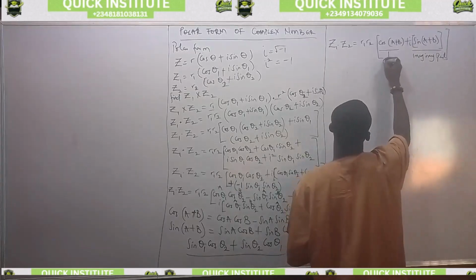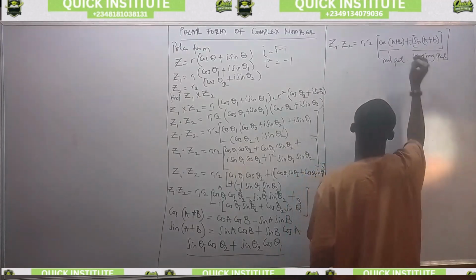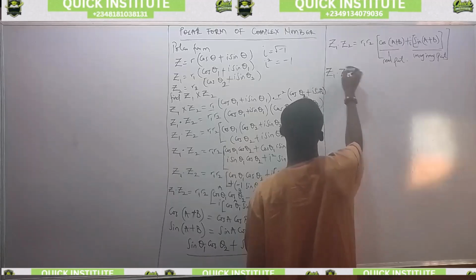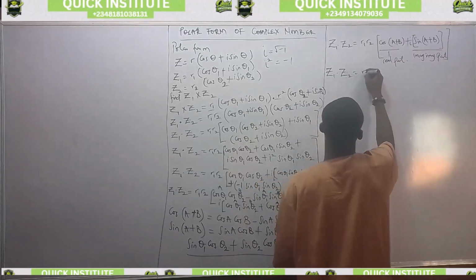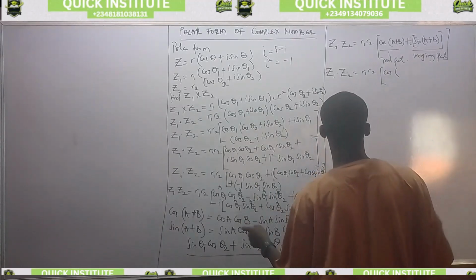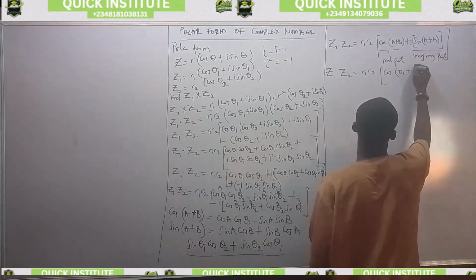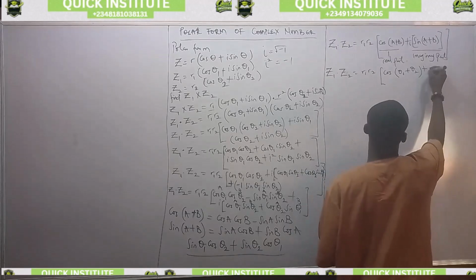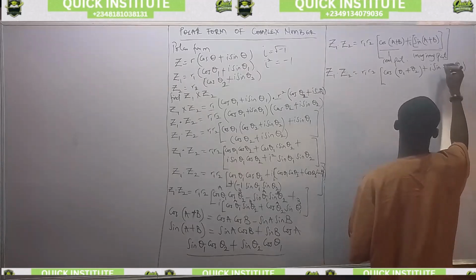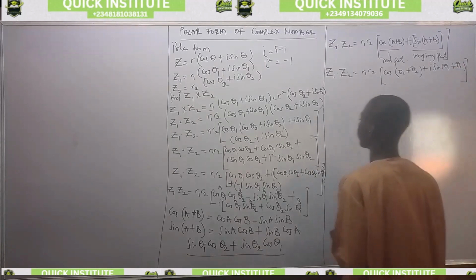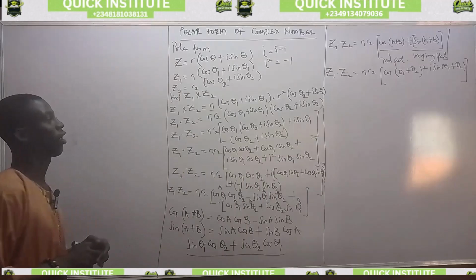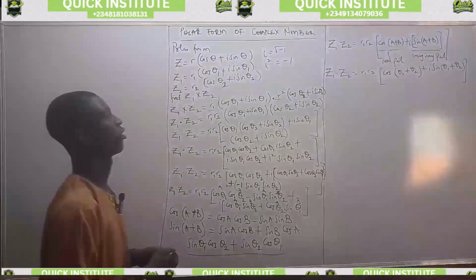From here, z1 multiplied by z2 equals r1 r2 (cos (theta 1 plus theta 2) plus i sin (theta 1 plus theta 2)). So that's all about the polar form of complex numbers under multiplication.